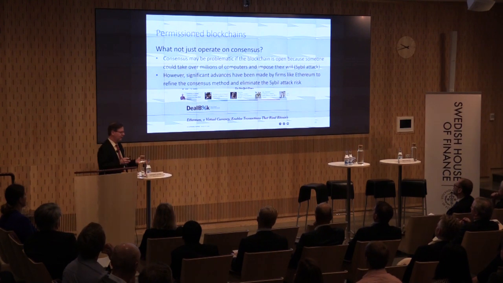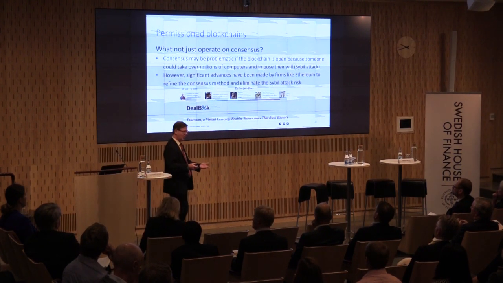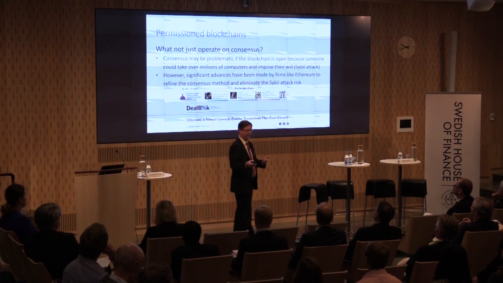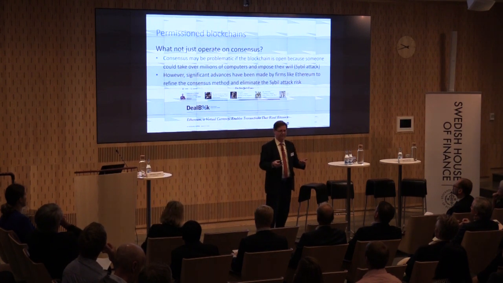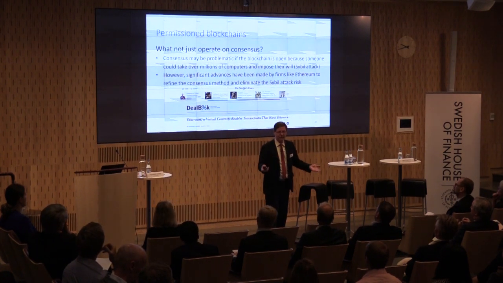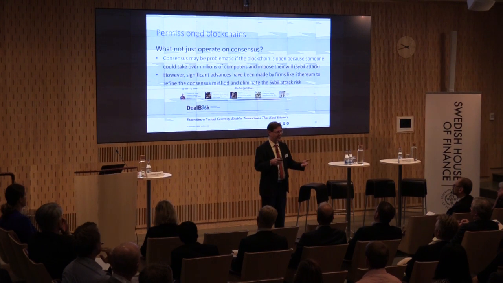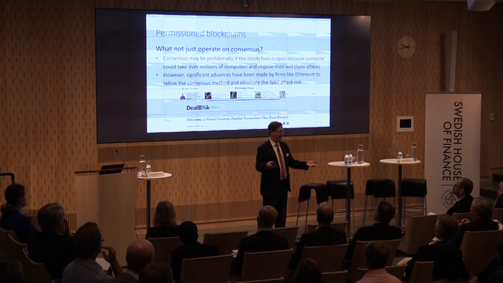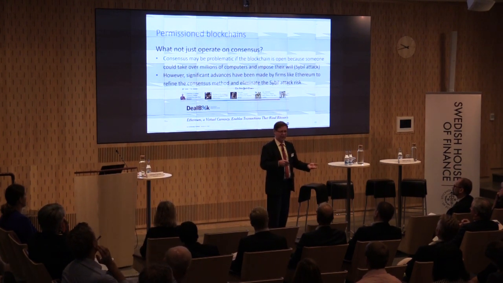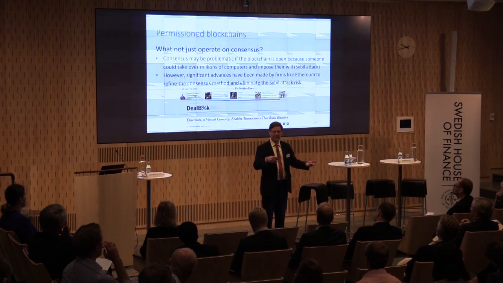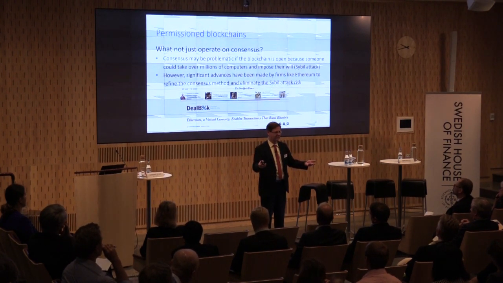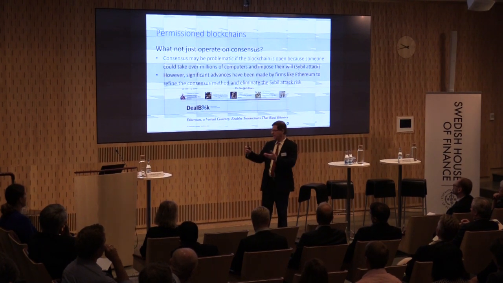There are other possibilities that I won't go into in terms of how to secure a blockchain. So you don't need to do this mining. Bitcoin does this because it's trustless. If you have a private blockchain, you can have designated people that you trust maintain the chain. So you could have a different technology.